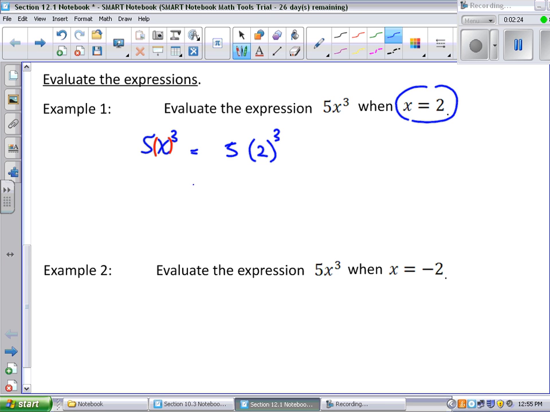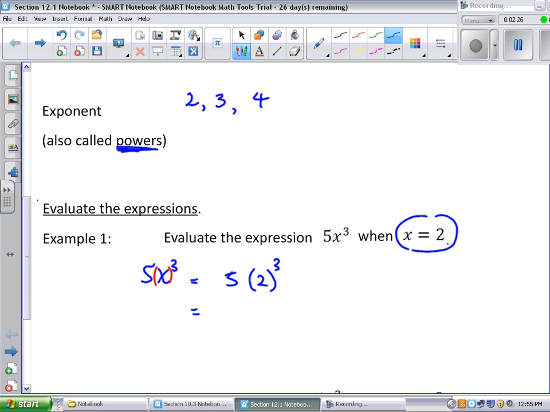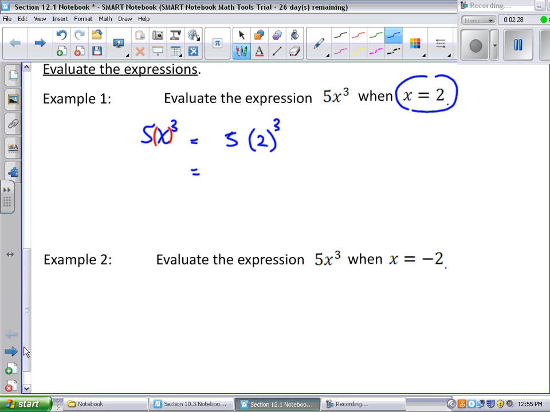Now when we use the rules of order of operations, please excuse my dear Aunt Sally, we know that we have to do exponents first, so I'm going to take care of the 2 cubed. 2 times 2 times 2. 2 times 2 is 4 times 2 is 8. So I'll have 5 times 8, and when I multiply 5 times 8, I get 40.